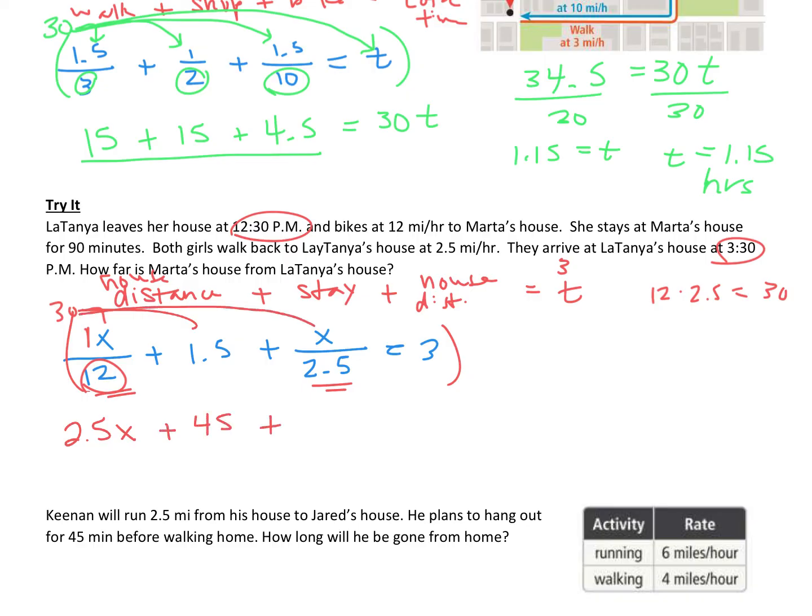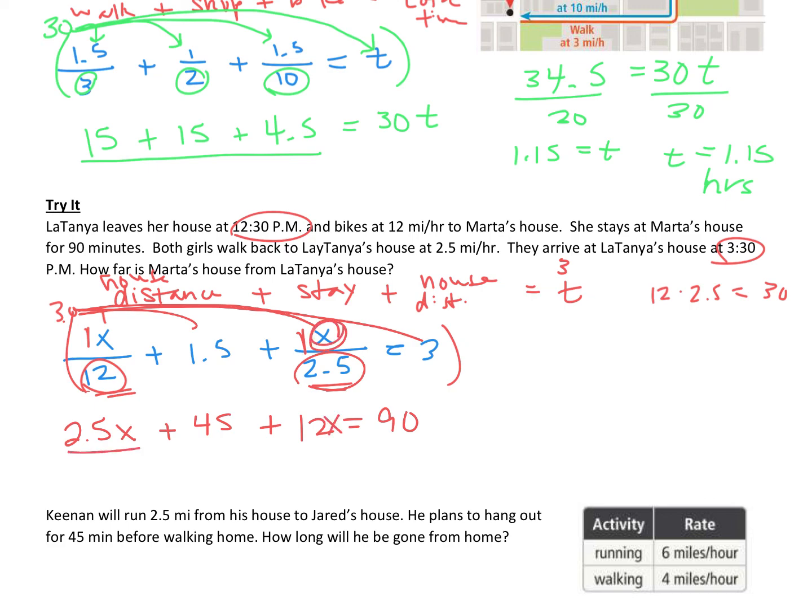Now 30 times, there's just a 1 in front of the x, so 30 times 1 is 30, divided by 2.5 is 12. Equals, and then we can't forget to take the 30 multiplied to the other side as well. 30 times 3 is 90. Oh, and then did you guys notice what I forgot? This x right here, it does carry down, so it actually is a 12x.